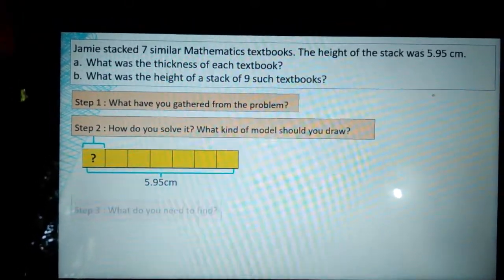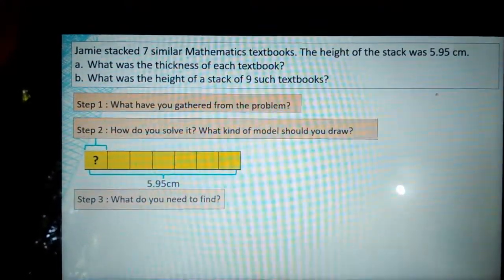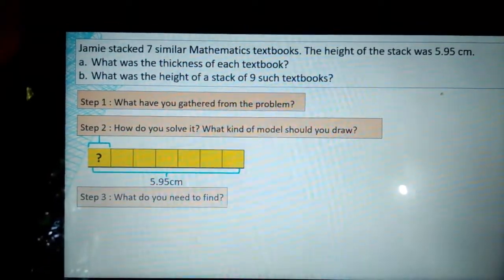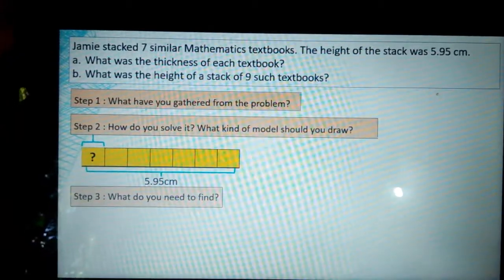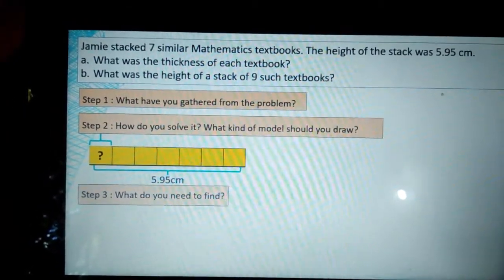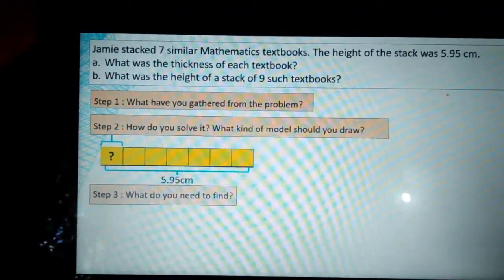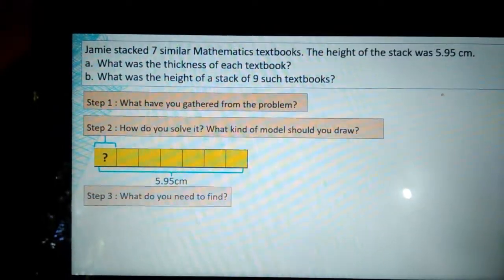And then, step 3, what do you need to find? For the first question, what was the thickness of each textbook? There are 4 operations, so you need to choose what kind of operation you should use. Yes, division.